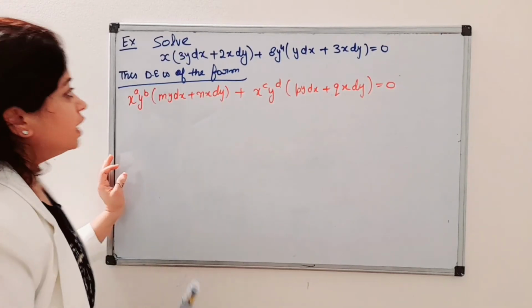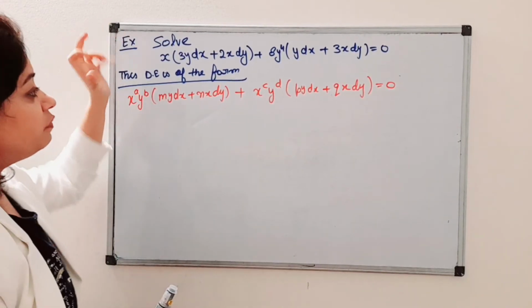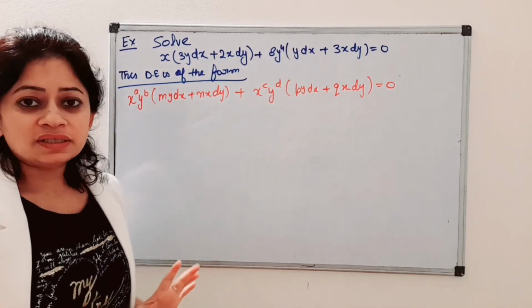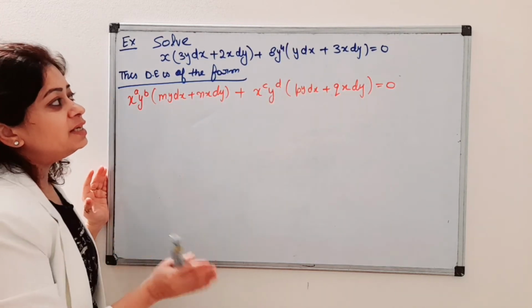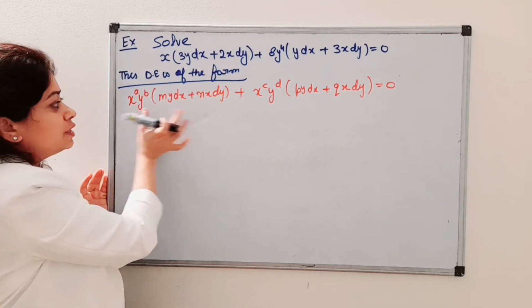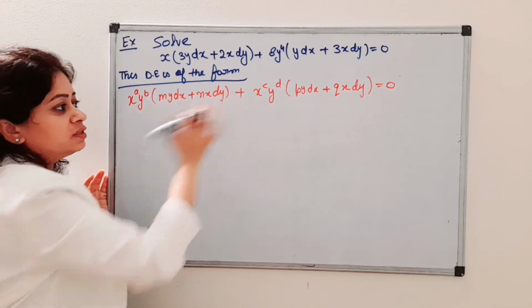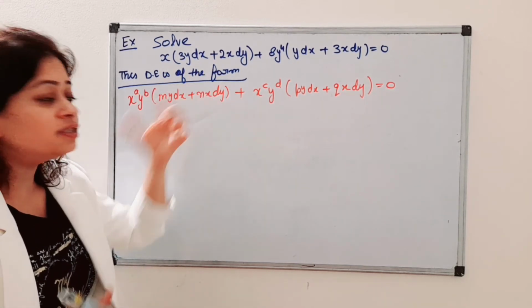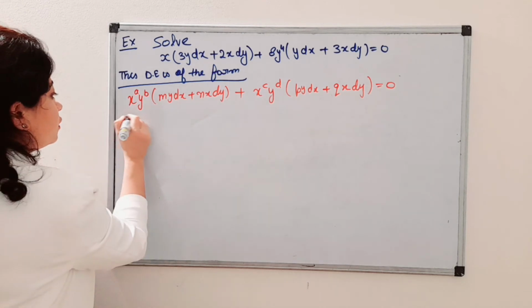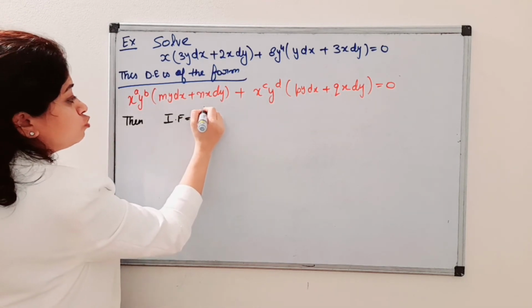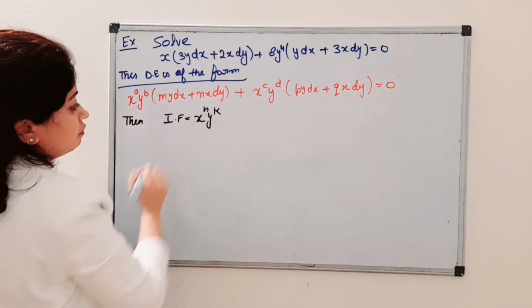We have this example. We need to solve this differential equation, x into this plus 8y⁴ into this, and as we can clearly see, this is the type of differential equation x^a y^b and this. We have studied that if we have a differential equation of this type, then the integrating factor is x^h y^k.